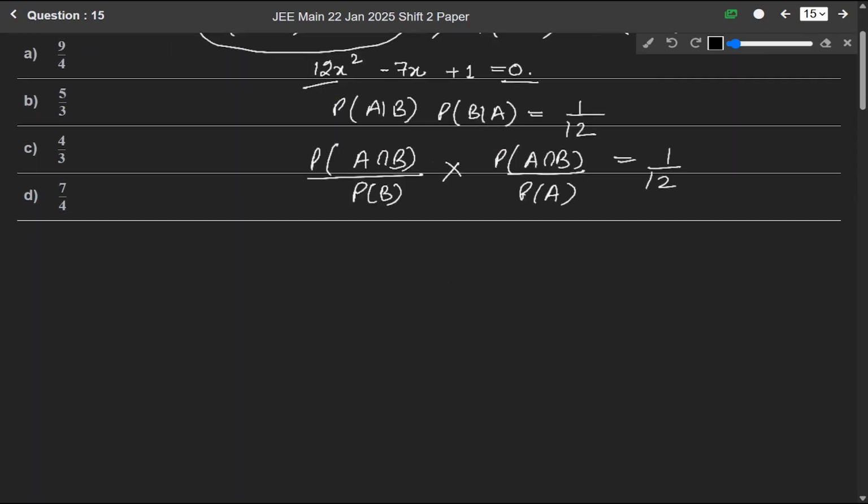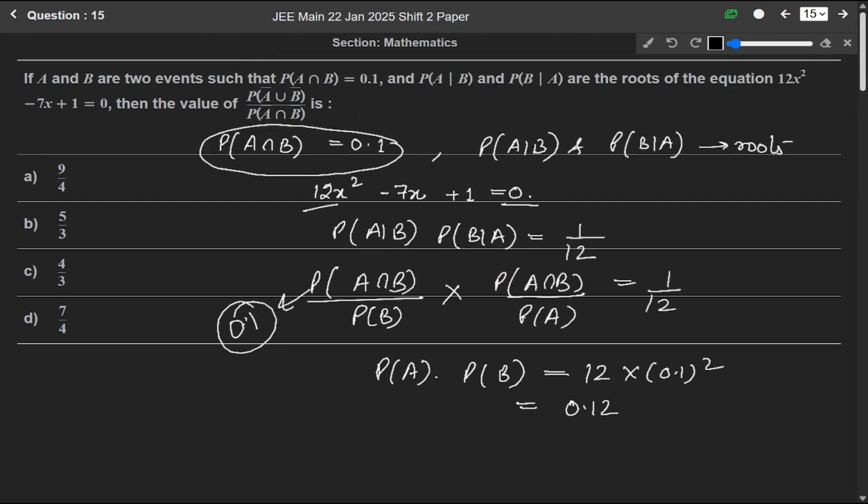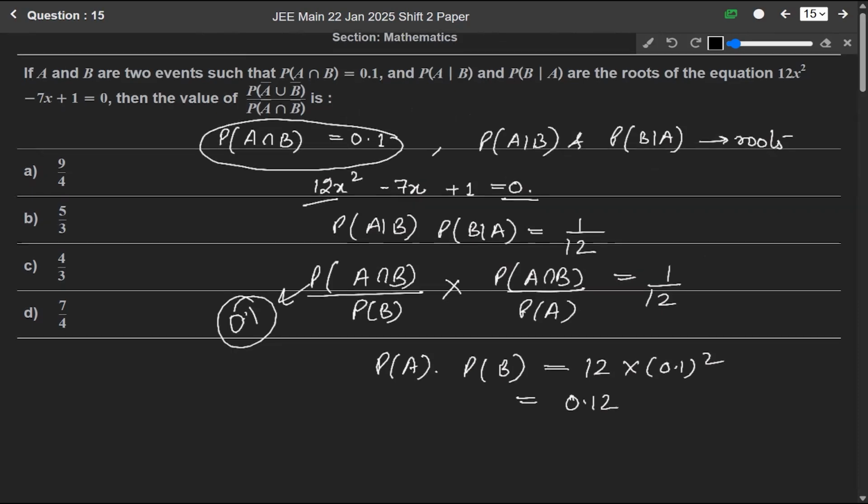So from here we can write P(A) into P(B) will be equal to 12 into 0.1 whole square, since P(A intersection B) is 0.1. Okay. So it will be equal to 0.12. And this is minus 7 now.